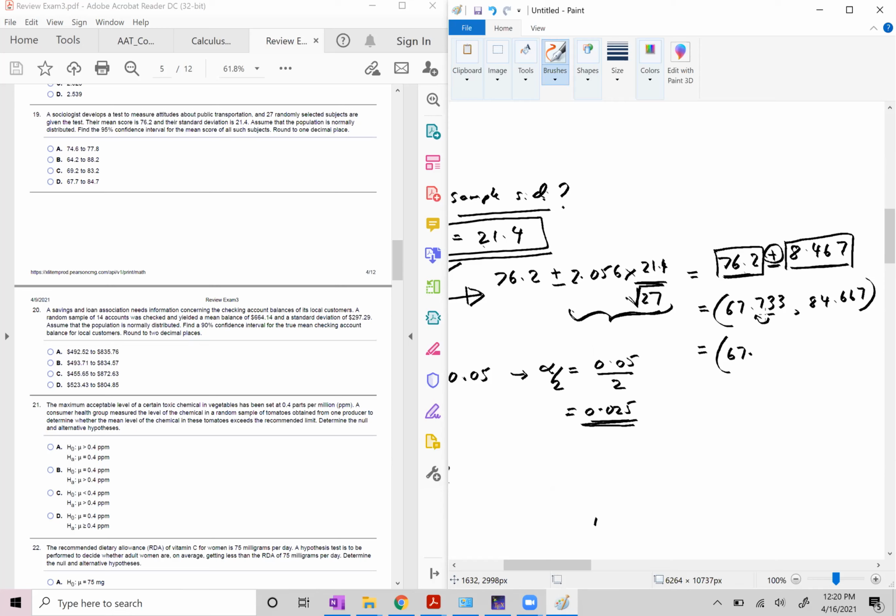So here you have 3, so 67.73 remains 67.7. For 84.66, the second decimal is greater than 5, so I have to add 1, and when you round it, it becomes 84.7. We have our answer now. It's answer D. Question number 19, answer D.